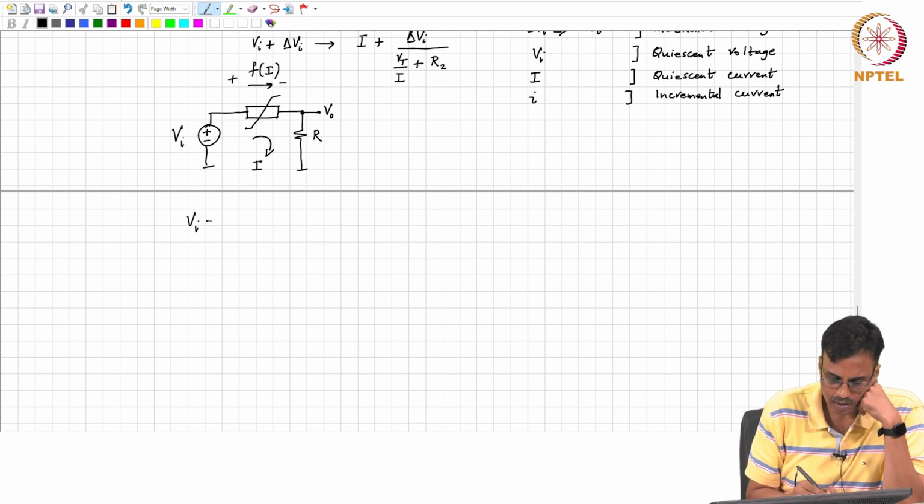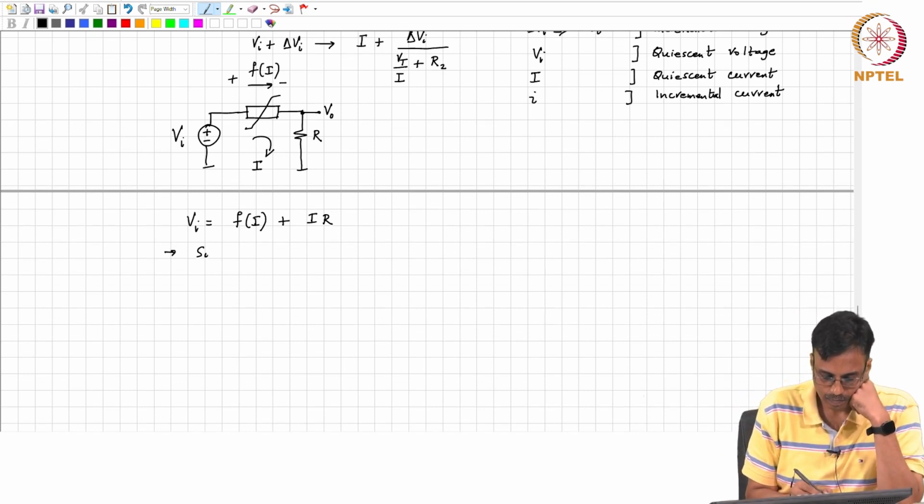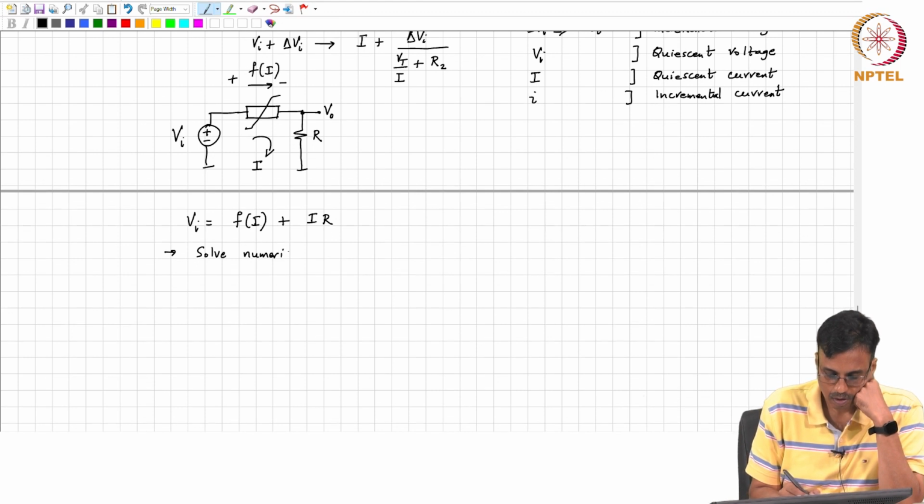Vi is nothing but some function of I plus I times R, and then you solve this numerically. Find I.